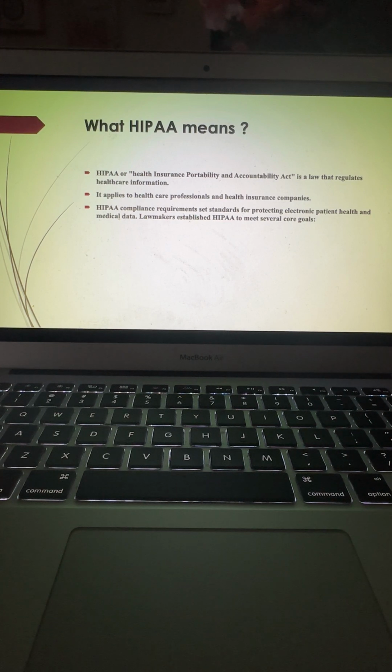Lawmakers established HIPAA to meet several core goals, which included improving healthcare for patients, protecting patient privacy, requiring entities to provide medical records to patients upon request, and ensuring patients are notified in the event of a data breach at a hospital or practice.